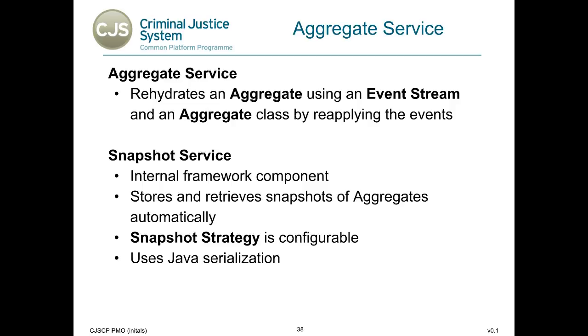The strategy for deciding when to take snapshots is configurable via an injectable class. Behind the scenes, it uses Java serialization. It's critical that as a developer you're aware that changes to your aggregate may result in a class that, on a subsequent release, is not compatible with snapshots that we have in the system.